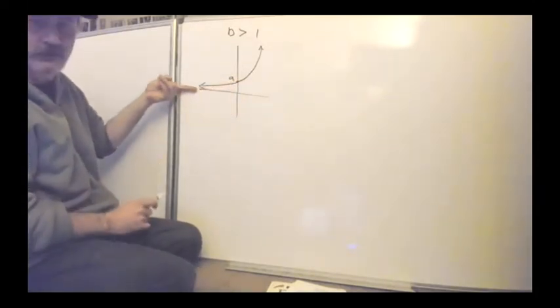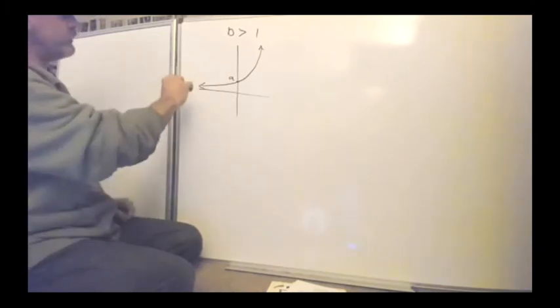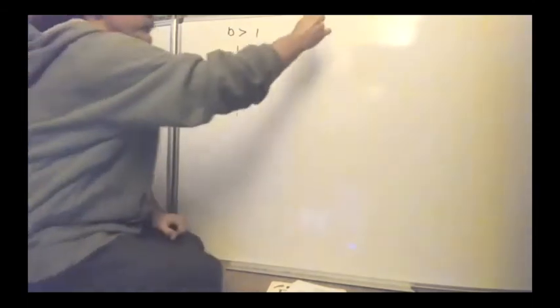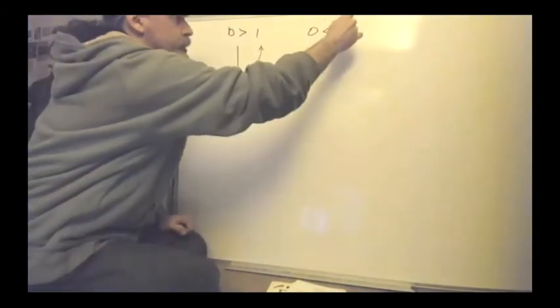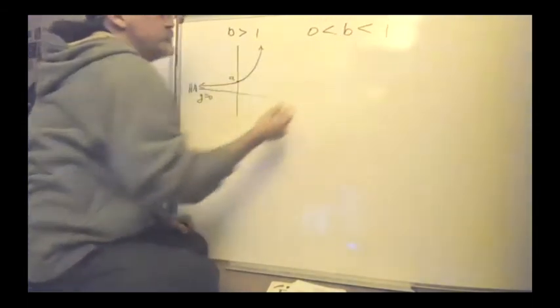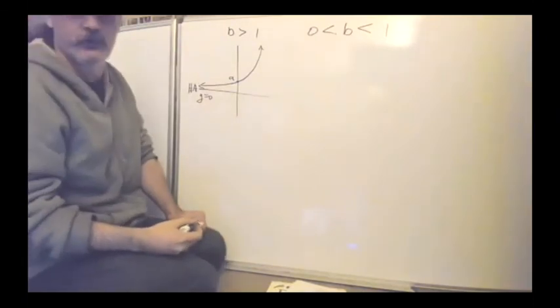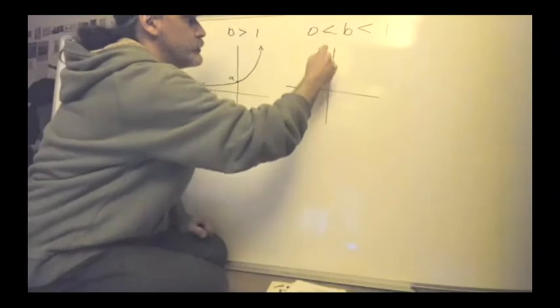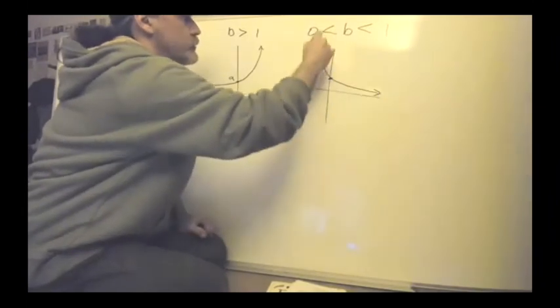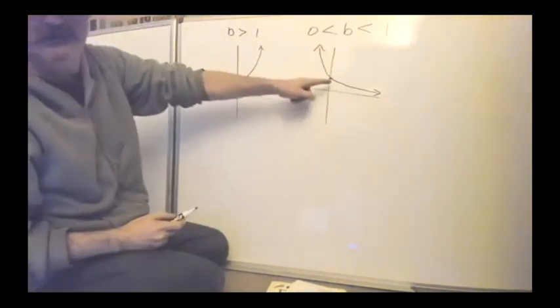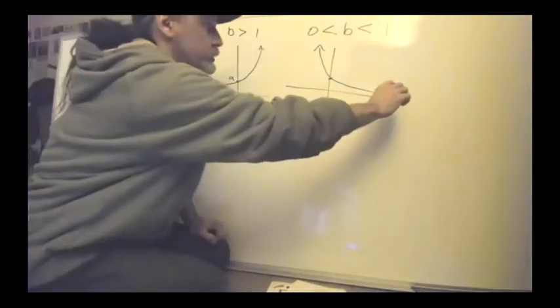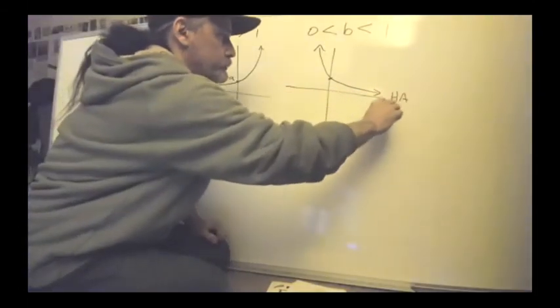And notice there's a horizontal asymptote right here at y equals 0. Well, if your growth factor or your base is less than 1, between 1 and 0, that would be a decrease. And so notice as it decreases, it's gradually dropping down to 0. And so notice again the same horizontal asymptote.